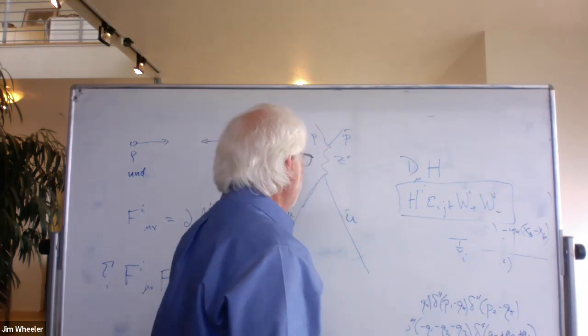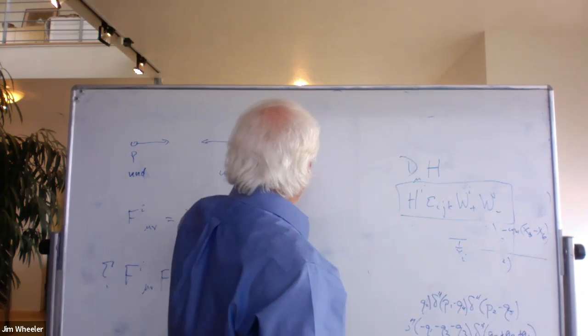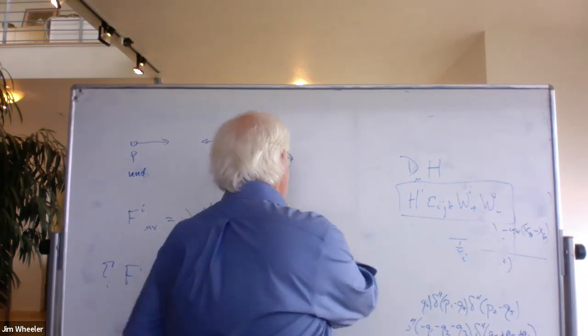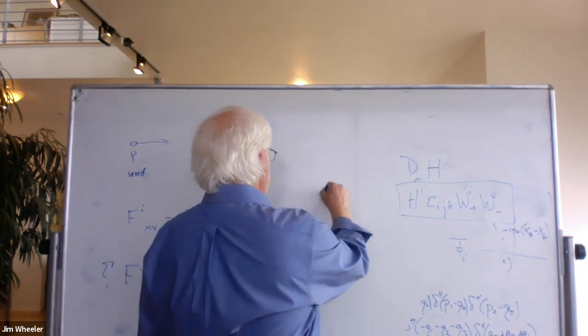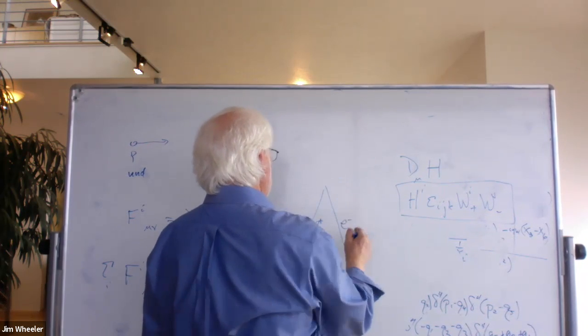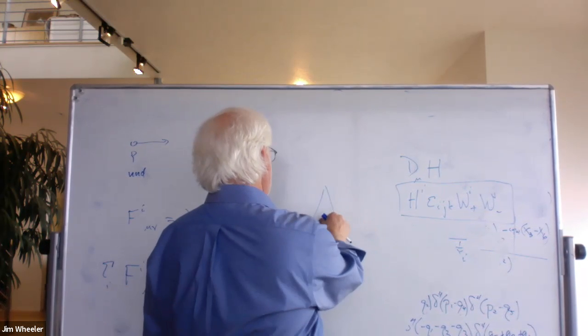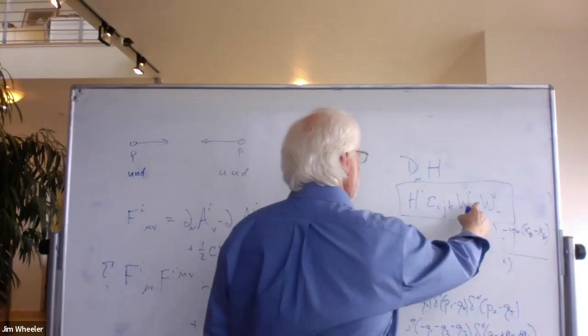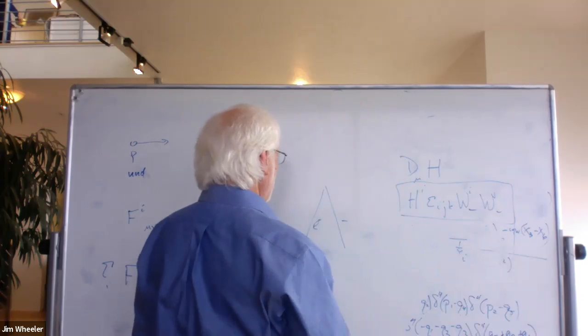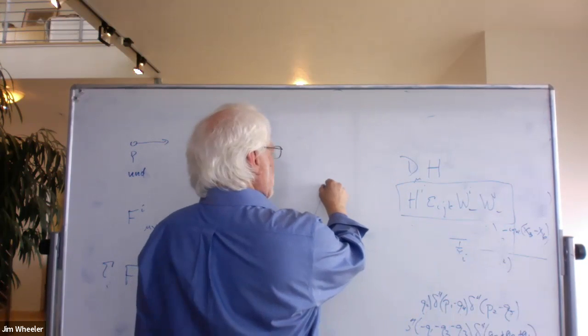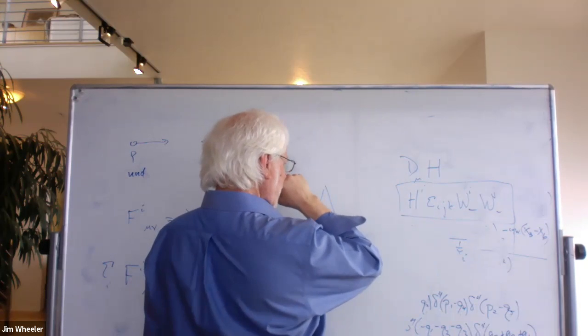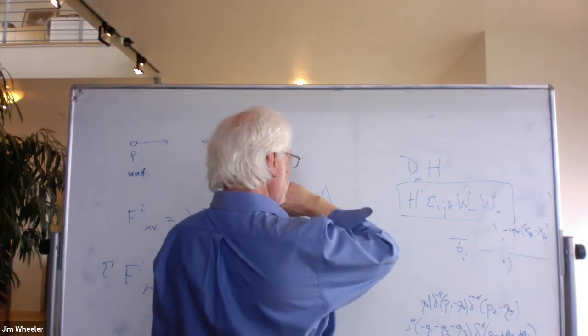So if you can produce W particles, well, maybe e plus e minus, or let's say, how about e minus, and make that a pair of W minuses. So let's see, what is this going to do?